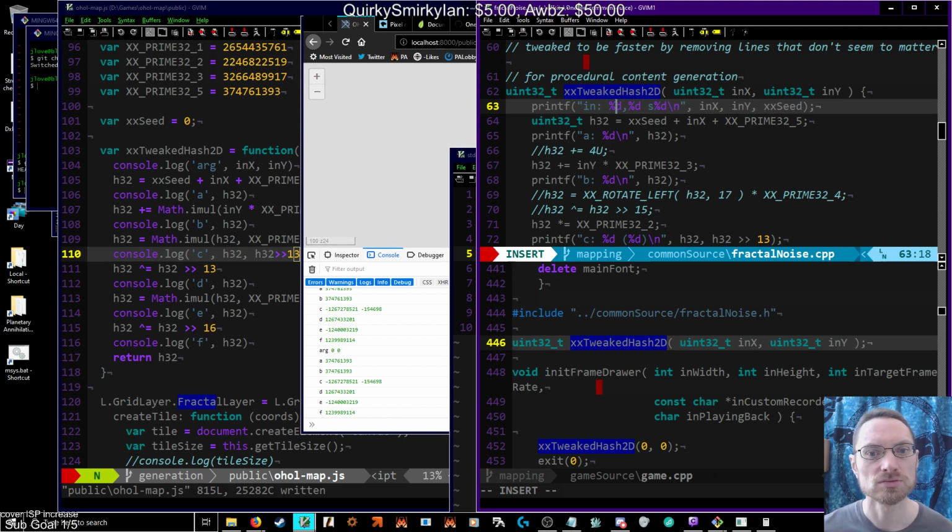Is it like 0 point? These are 32 bits, 4 bytes. 0.8? Let's see if that looks about right.